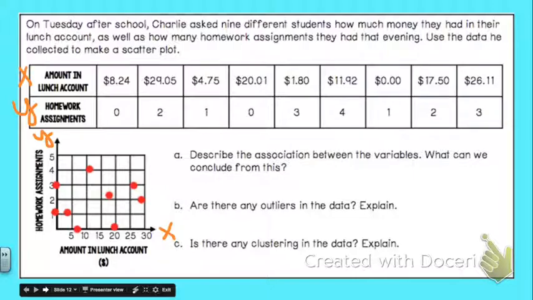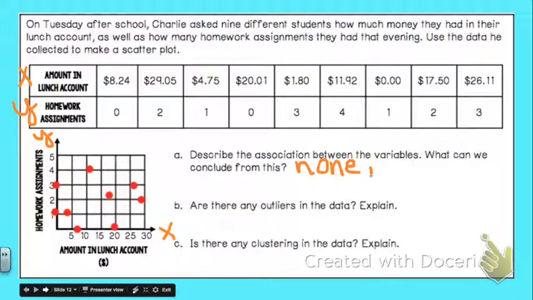Okay, so looking at the scatter plot, let's answer A, B, and C. A says describe the association between the variables. What can you conclude? So the association is none. There is no association here. The amount of money in the student's account has no effect on the number of homework assignments.